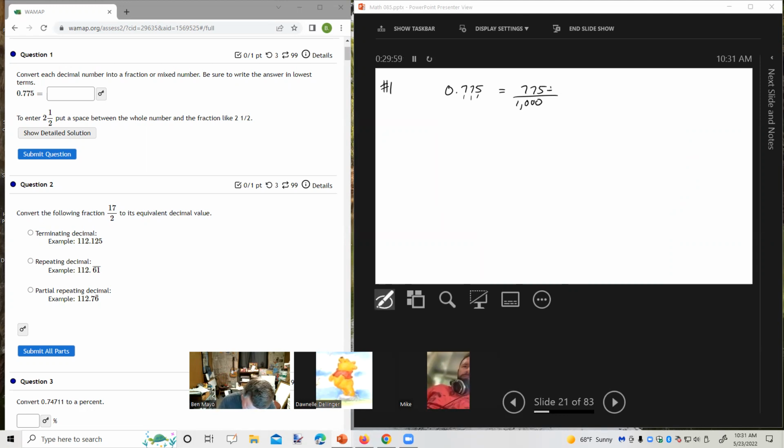We could divide both the top and the bottom by 25. If we take 775 divided by 25, we get 31. If we take 1,000 divided by 25, we get 40. 31 is prime, so this doesn't reduce any further. So final answer, 31 over 40.